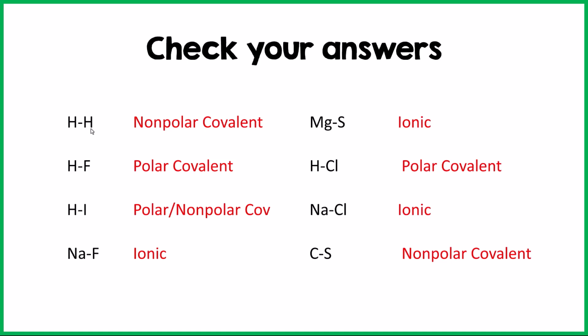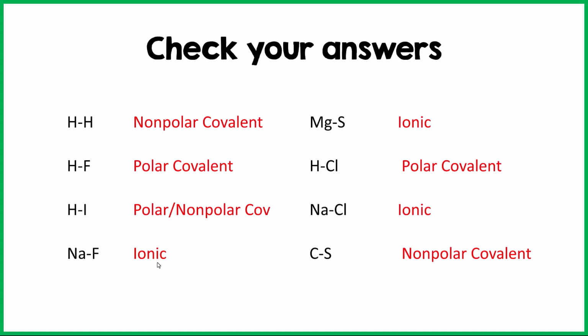Hydrogen has exactly the same electronegativity values, so that is going to be a difference of 0, giving you a perfectly nonpolar molecule. Hydrogen and fluorine are polar covalent. Hydrogen and iodine are verging on polar or nonpolar covalent, very close in between those two.